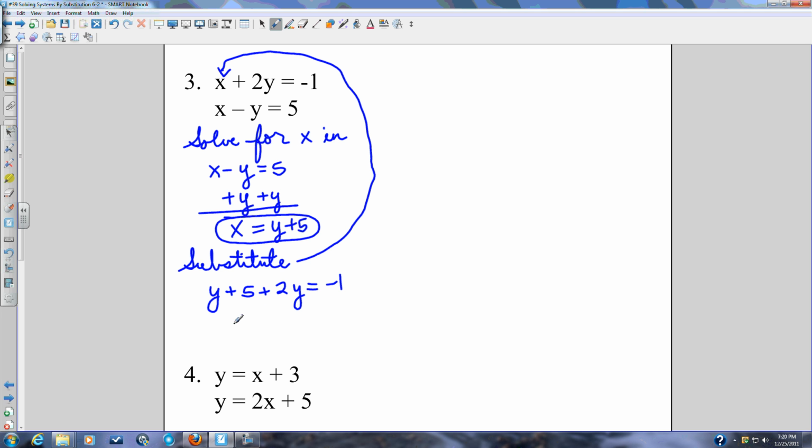And now I'm going to solve it for y. So combining like terms, I have 3y plus 5 equals negative 1. Subtract 5 from each side. I have 3y equals negative 6. I'm going to divide each side by 3. And I have y equals negative 2.